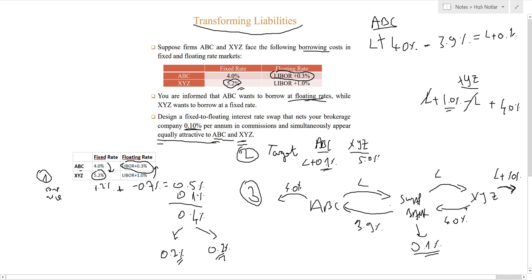I understand that the logic for transforming liabilities is a little bit different, and it might be confusing. But this time, please do not forget that you are actually borrowing money. Therefore, we are designing a swap to borrow the money.